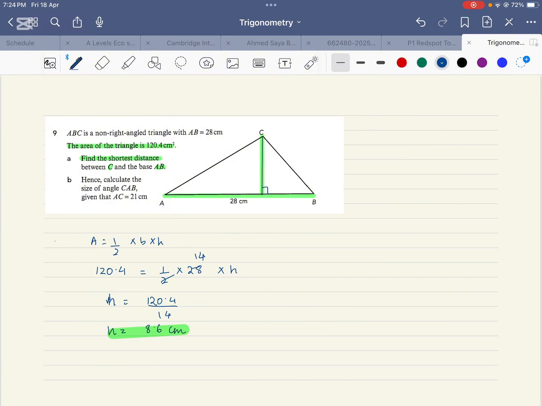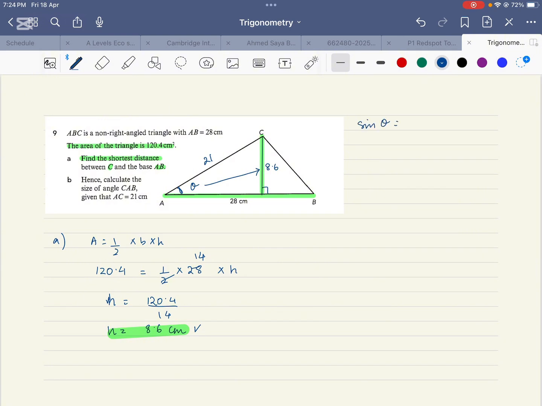The next part says, hence calculate the size of angle CAB, which is this angle, given that AC is 21. AC is 21 and this height is 8.6, not given, we have calculated it. We can easily apply the sine formula because this is a perpendicular.